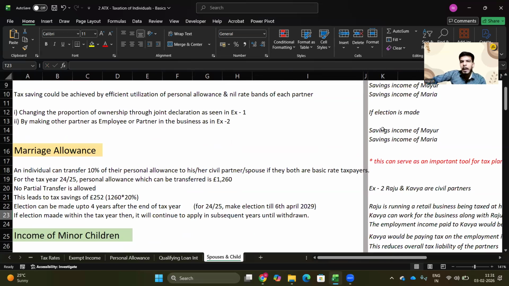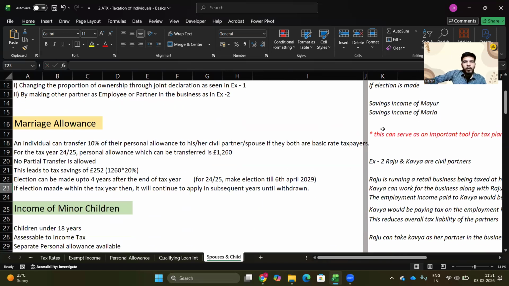Okay, next is marriage allowance. So what is marriage allowance? Marriage allowance provides an opportunity such that an individual can transfer 10% of their personal allowance to his or her civil partner or spouse if they both are basic rate taxpayers. So if me and my partner are basic rate taxpayers, I could transfer 10% of my personal allowance to him or her, either way.